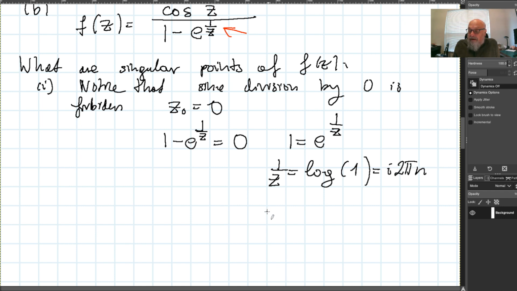So that implies that z is equal to 1 over i times 2 pi n, and I'll leave it like it is. So we can say that those are also singular points.